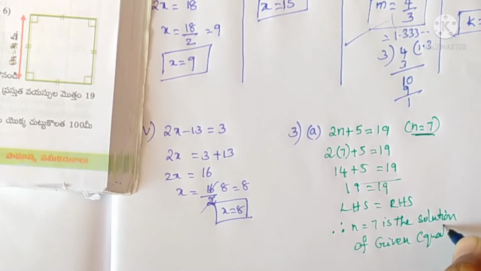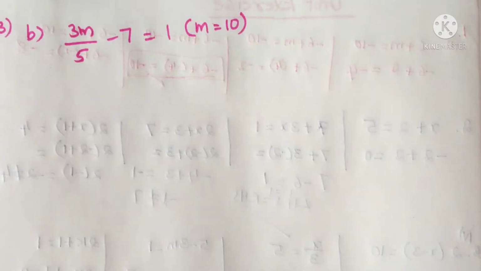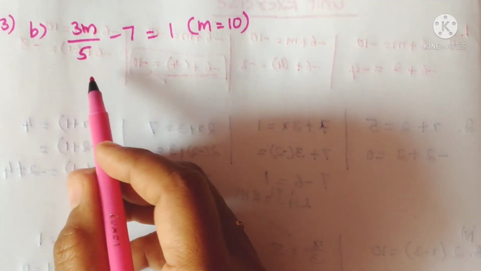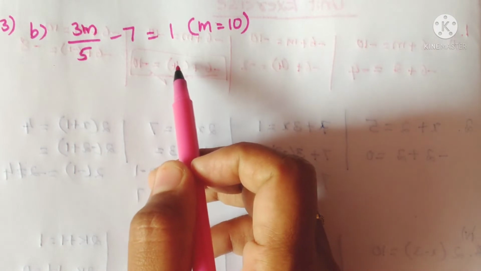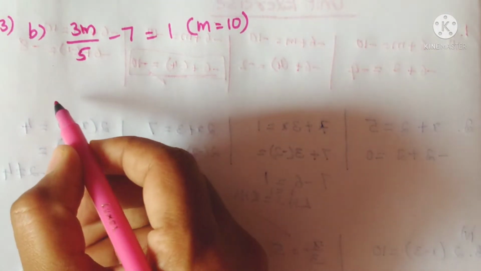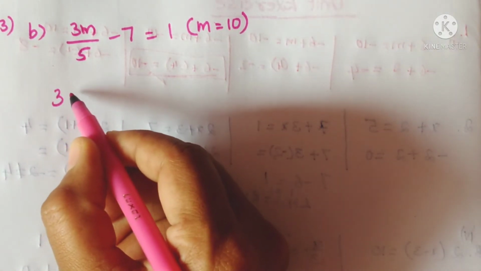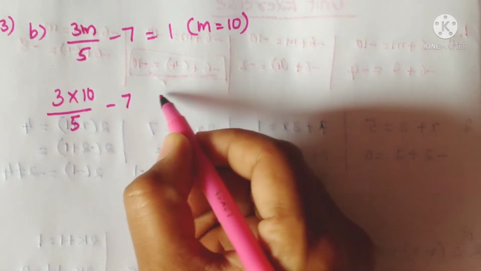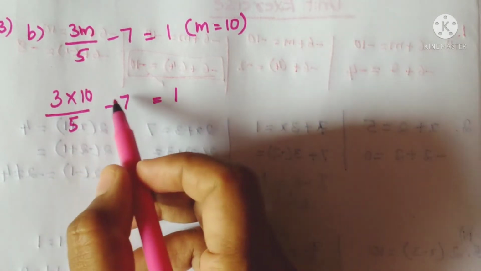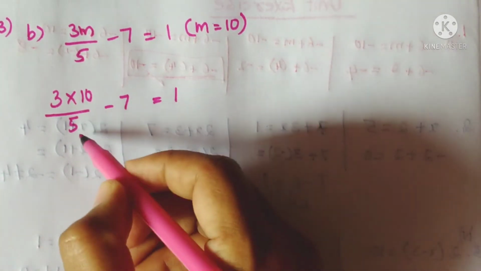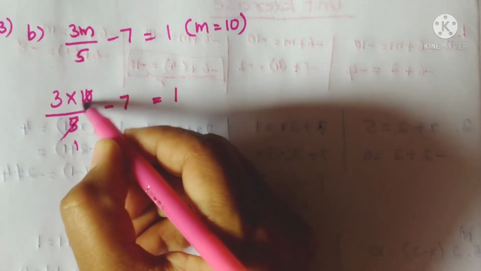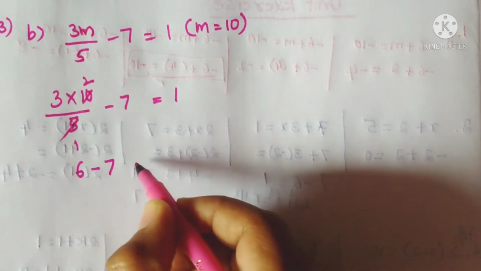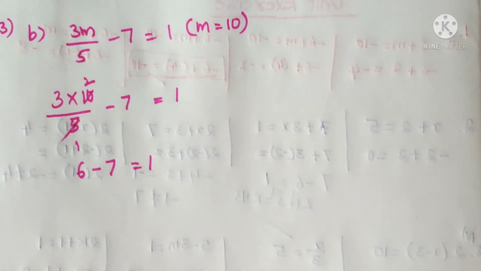So B. In third problem, 3m by 5 minus 7 is equal to 1. m equals 10 here. So substitute 10 in the place of m. 3 into 10 by 5 minus 7 equals 1. What is 3 into 10? Okay, you can cancel it by 5. 5 ones and 5 twos. 3 into 2, 6. 6 minus 7 equals 1.